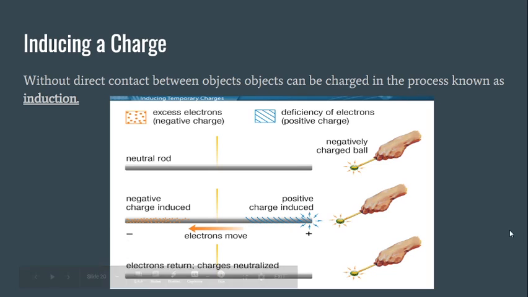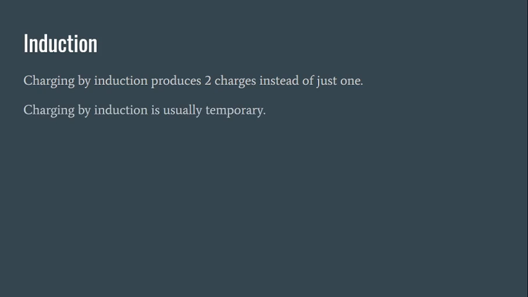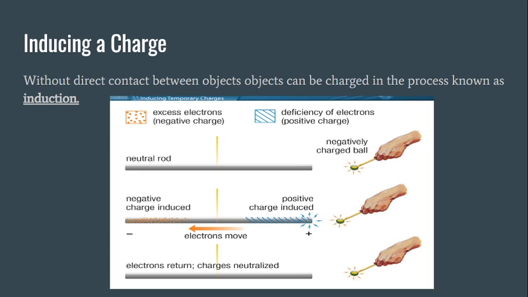So it actually makes two different charges instead of just one with conduction. Charging by induction is usually temporary, and we saw that once again right here. After the ball moves away, the charge just goes back to normal, and the electrons just go back to where they normally are.